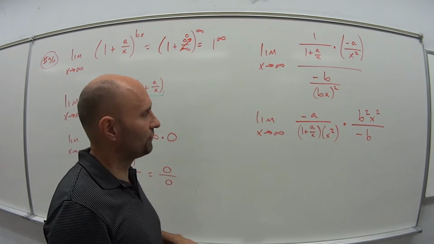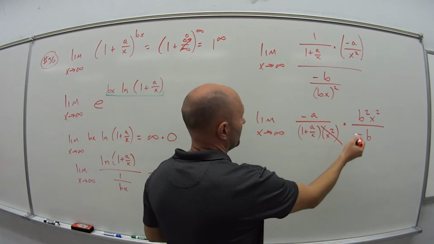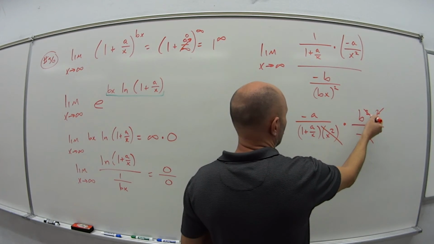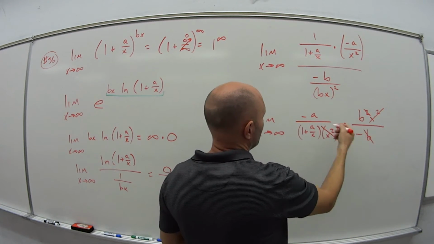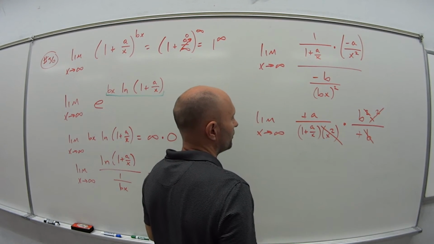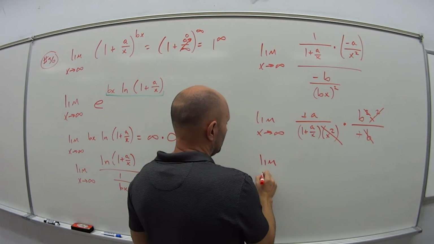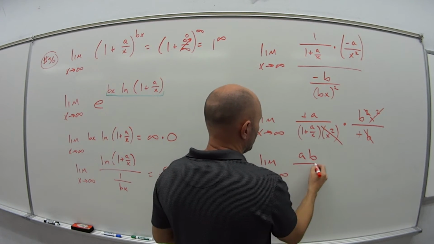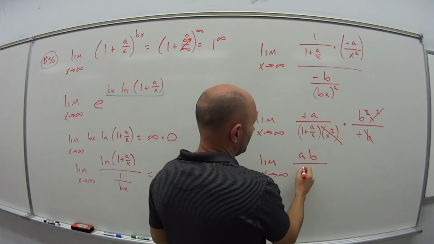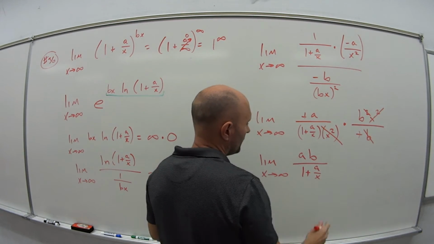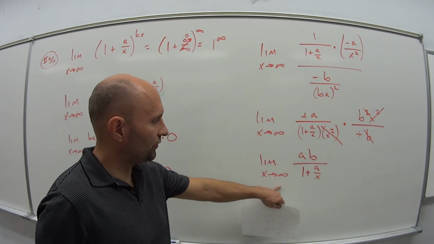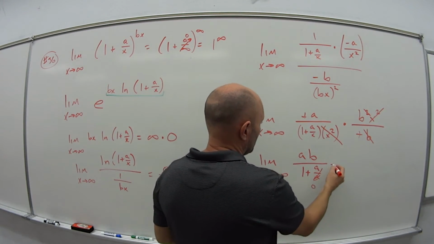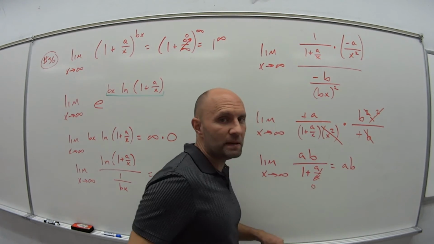So now let me start simplifying this. This x squared cancels with that x squared. One of these b's cancels with one of those. Negative divided by negative, so those basically turn each other positive. So I'm finding the limit as x approaches infinity of ab in the numerator, and all I have left in the denominator is 1 plus a over x. As x approaches infinity, a over infinity is basically going to go to 0. So this goes to ab.